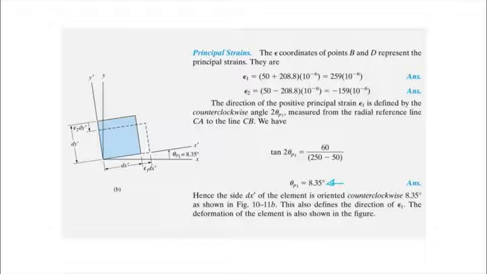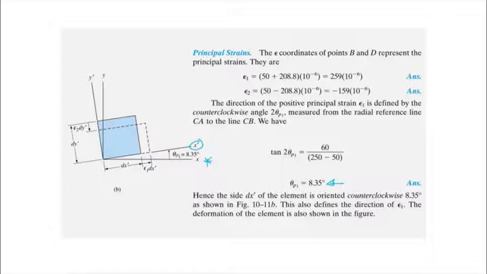So if we sketch the strain element, we can find figure B on the left. Our primary direction is X. From X, we take counterclockwise half the angle, 8.35, which is positive, to get to X prime. The blue square or rectangle is our reference undeformed strain element.